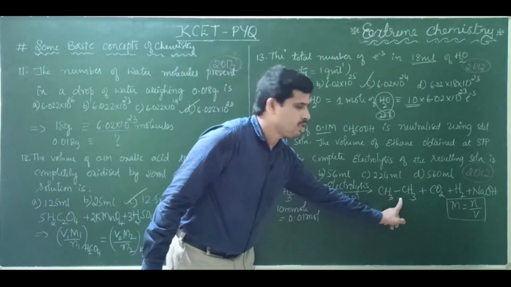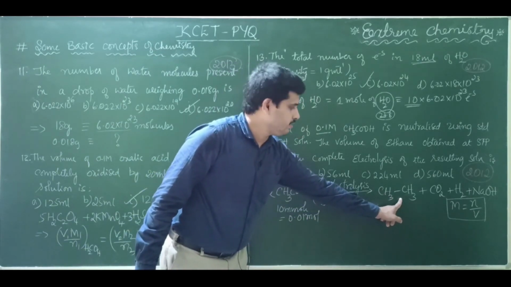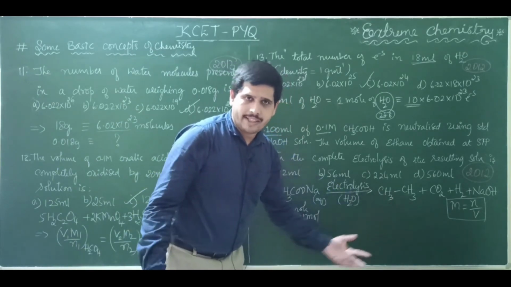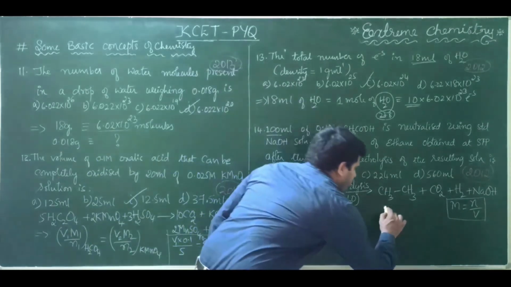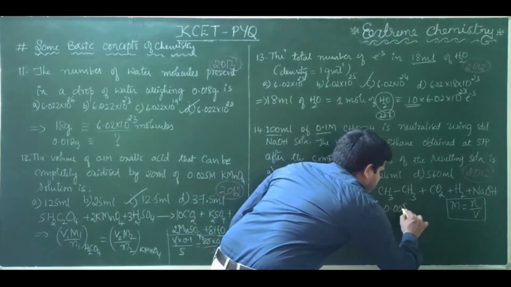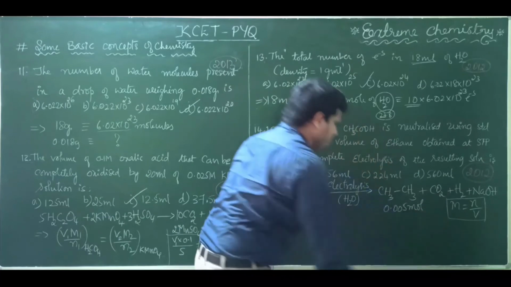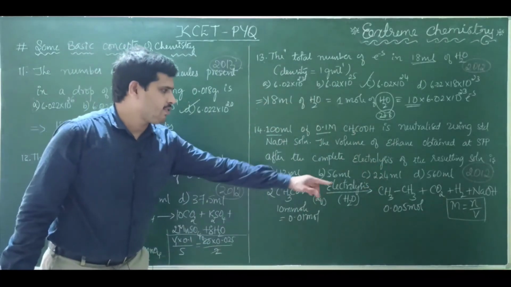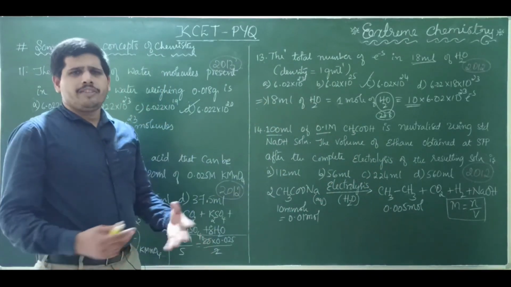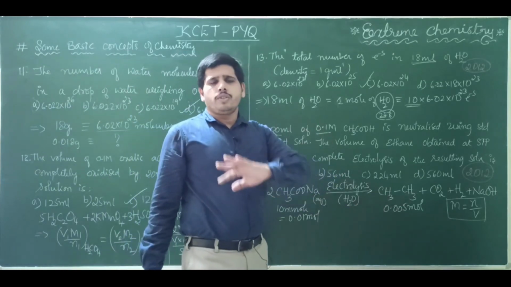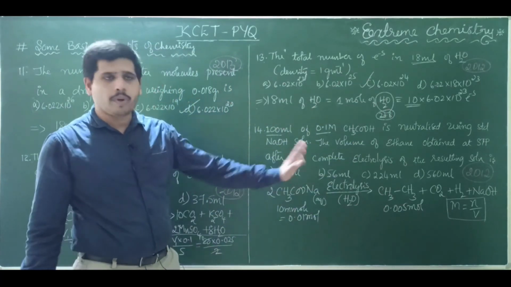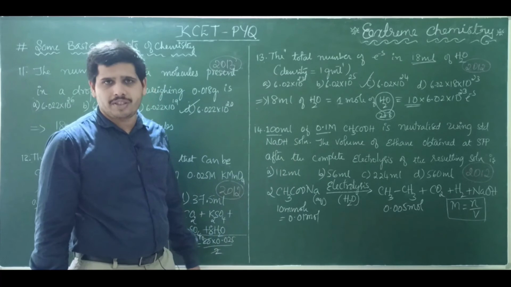Now can't I find out the moles of ethane produced there? Yes, half of it. So ethane is 0.005 mole. 0.01, half of it is 0.005. Now it's fine. 1 mole of ethane is equal to 22.4 liter. So 0.005 mole is equal to how much? Right?